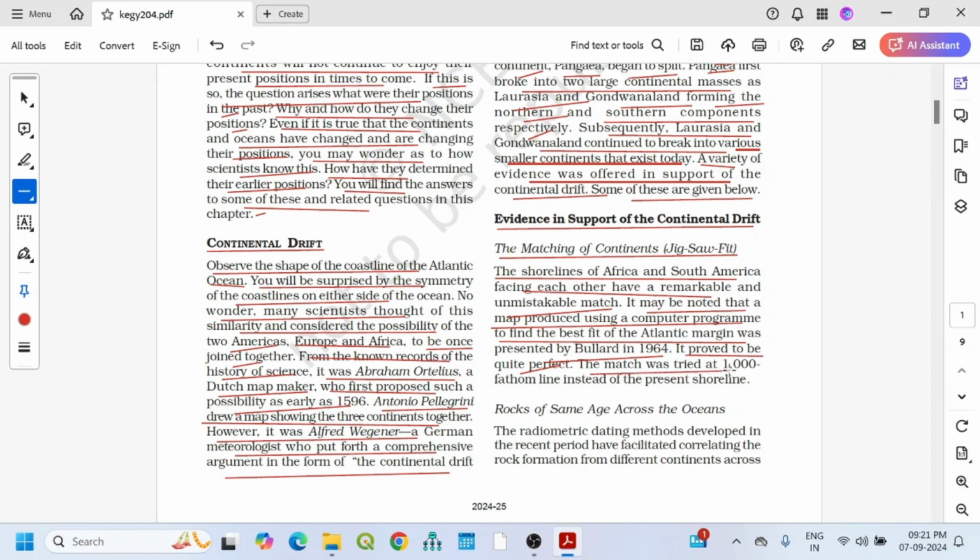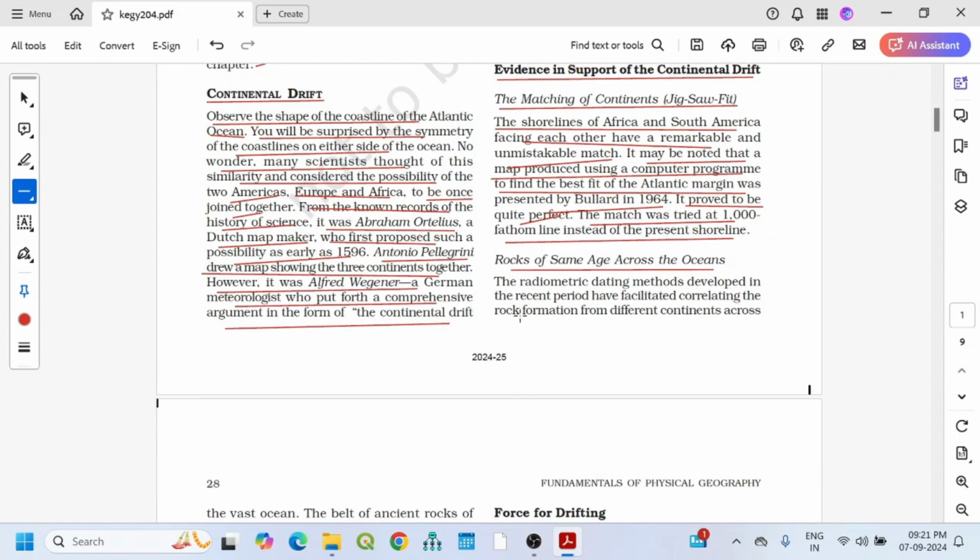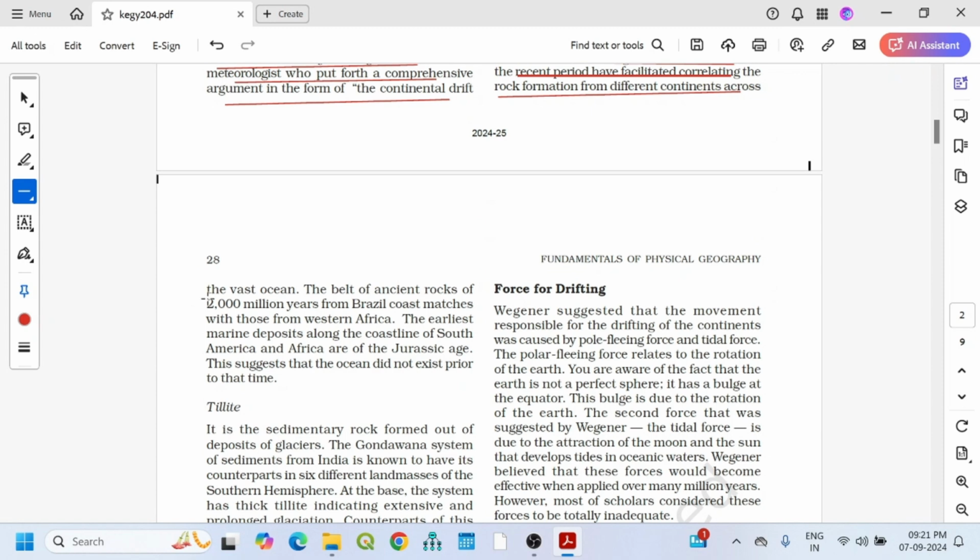The match was tried at the 1000 fathom line instead of the present shoreline. Rocks of the same age are found across the oceans. The radiometric dating methods developed in the recent period have facilitated correlating the rock formations from different continents across the vast oceans.